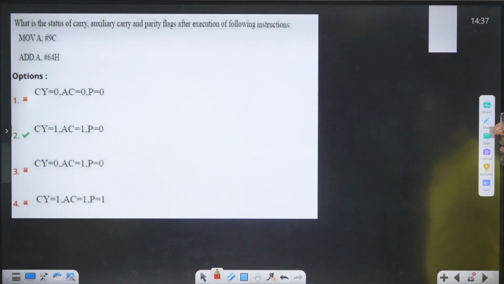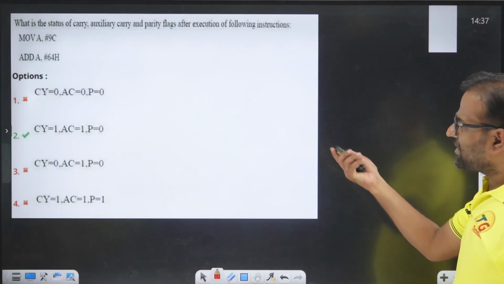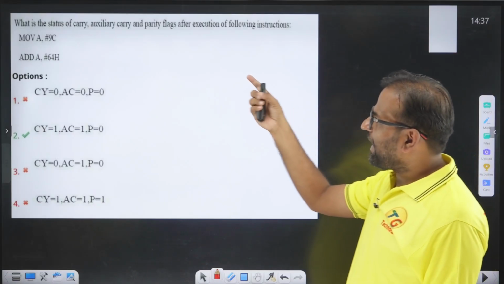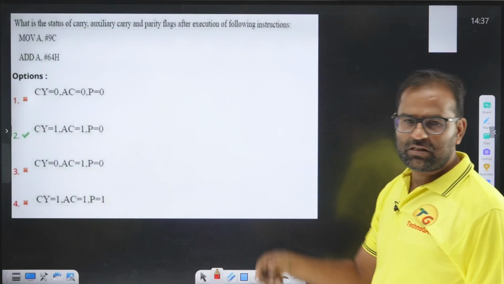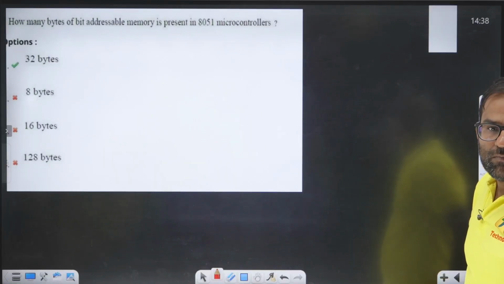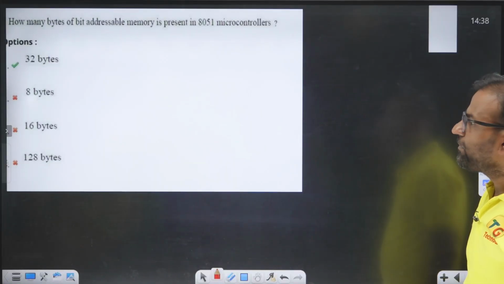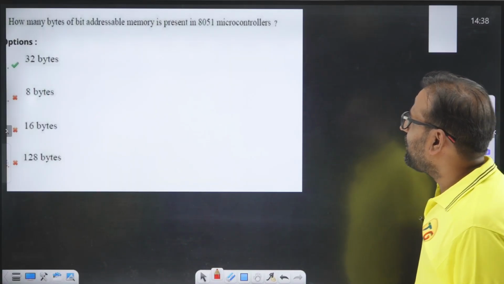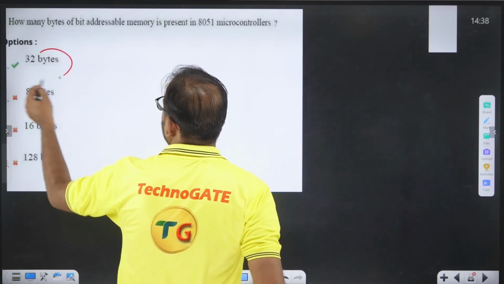Next, okay, this is a very simple addition. Move A means load the 9C data into A and add with 64H. You can add both. Okay. How many byte addressable memory is available? 32 bytes.